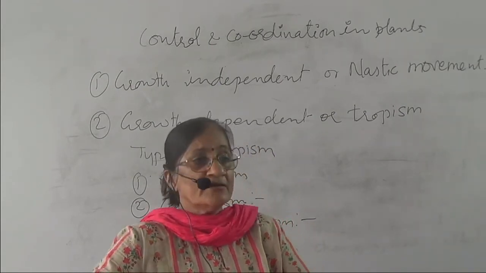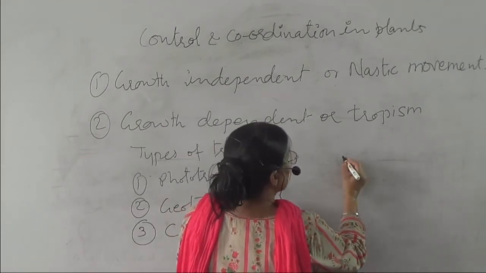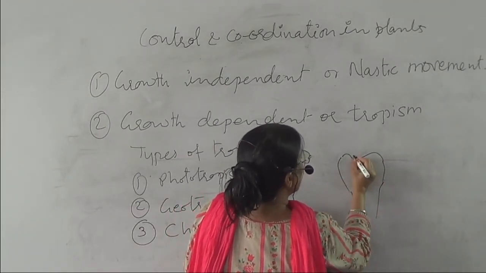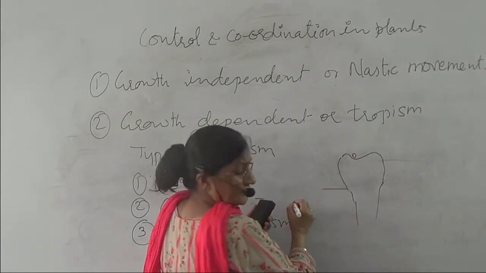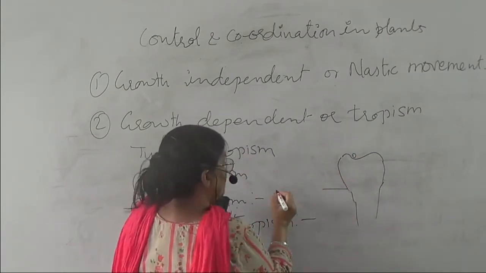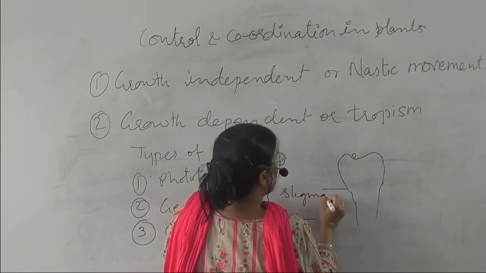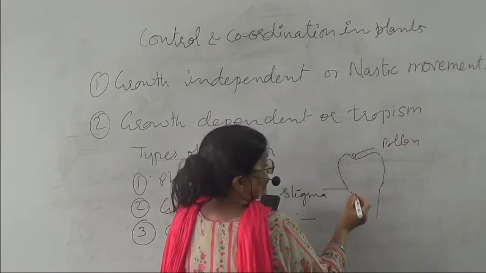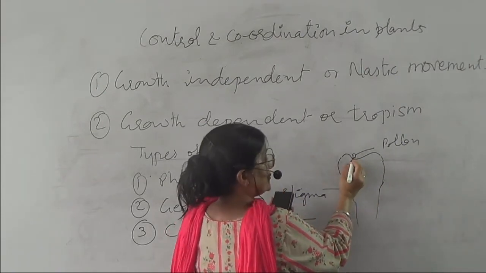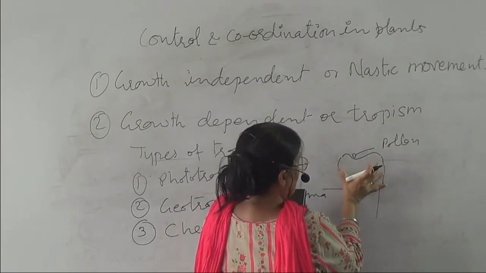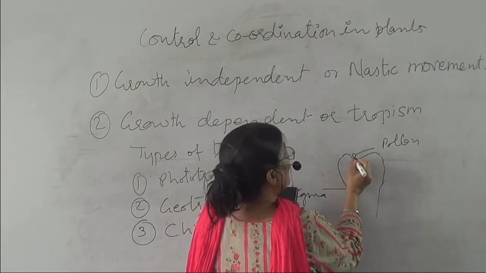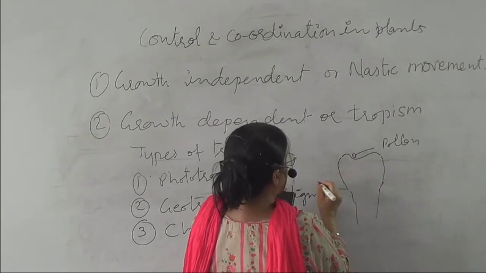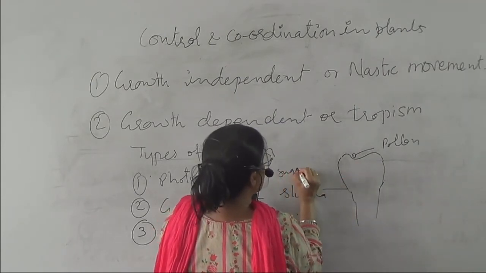So you can understand it by diagram. It is here. When pollen, this is the part of this is stigma, and when pollen, this is pollen, reaches to the female reproductive part of the flower, the stigma secretes a sugary substance.